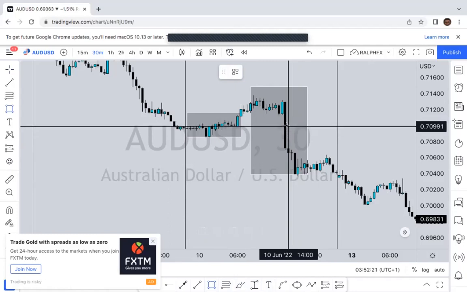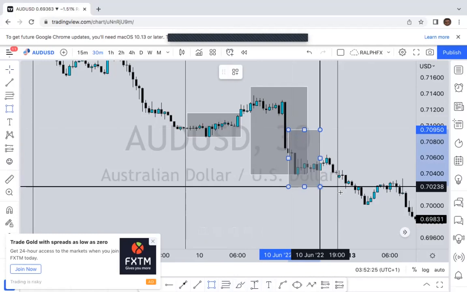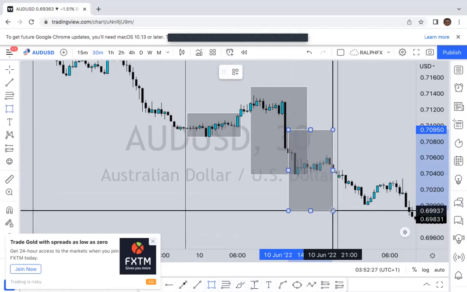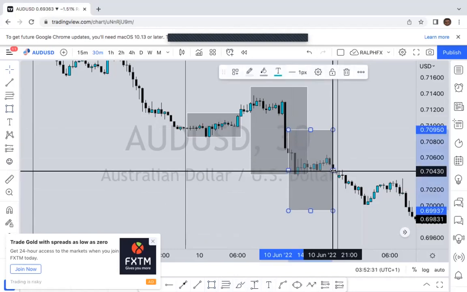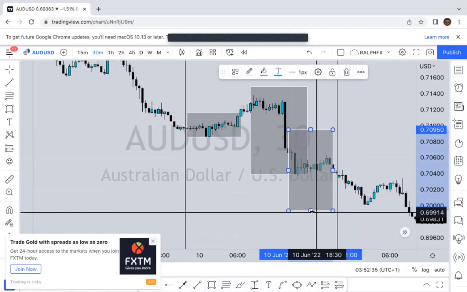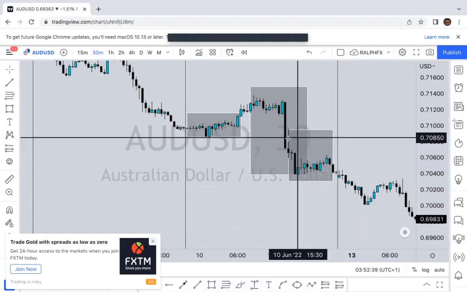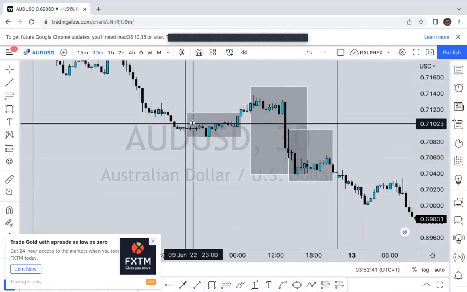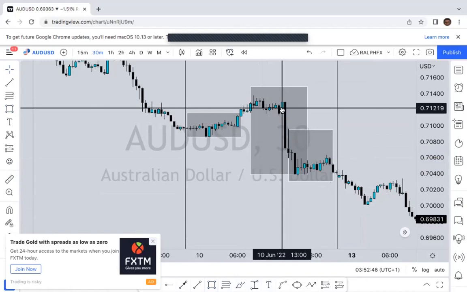So this is 2 o'clock all the way to 9 p.m. Right? So we can see Asia, London was a bit sideways, right?